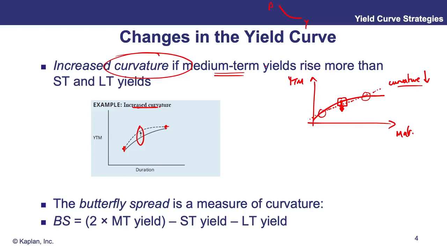In terms of language and jargon here, this increased curvature makes you more unhappy. Okay, it increases your frown, and that's how I remember it's referred to as a negative butterfly shift in the curve, a negative butterfly.